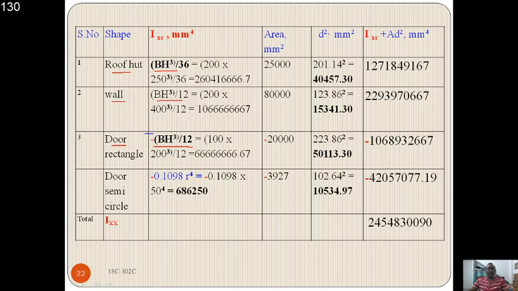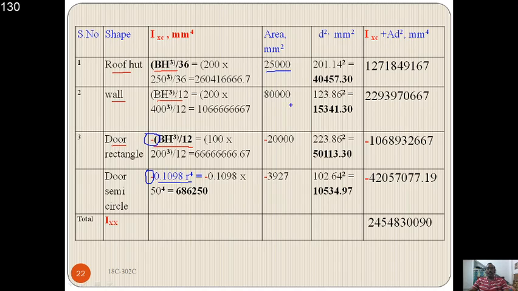So please see that here we have given a negative value for the door portions, the rectangle and semicircle. For the semicircle, the formula for the Ixc is 0.1098 r to the power of 4. Use that formula and obtain the Ixc values.